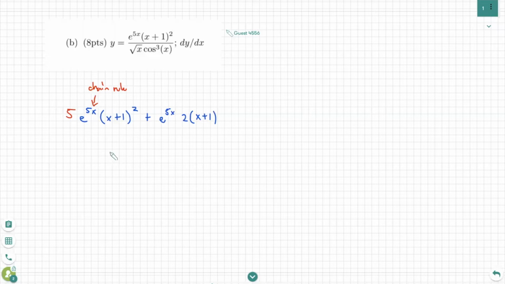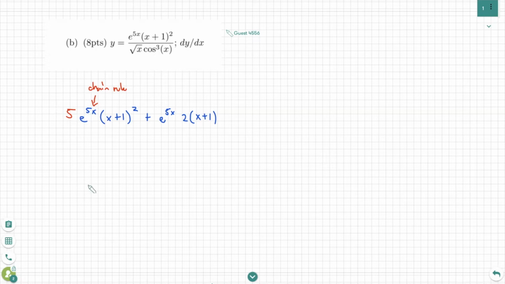So that's the derivative of the numerator. Now the derivative of the square root of x times cosine cubed x. Again, we have to use product rule there. The square root of x is x to the 1/2, right?